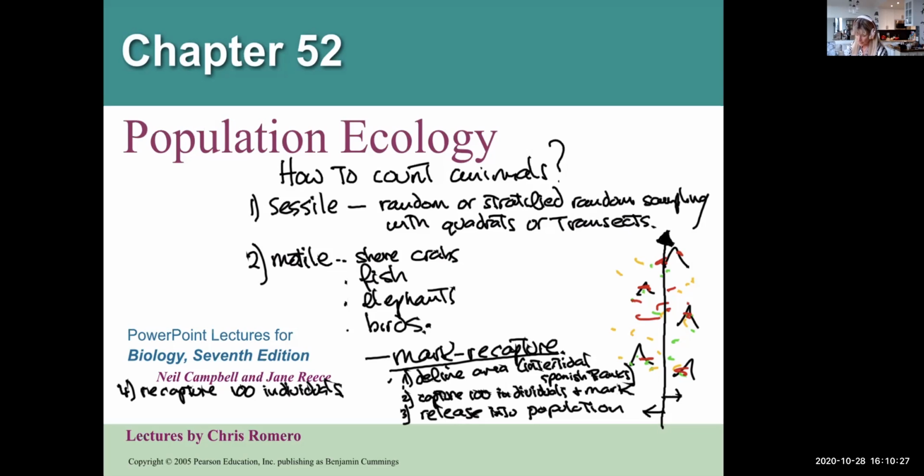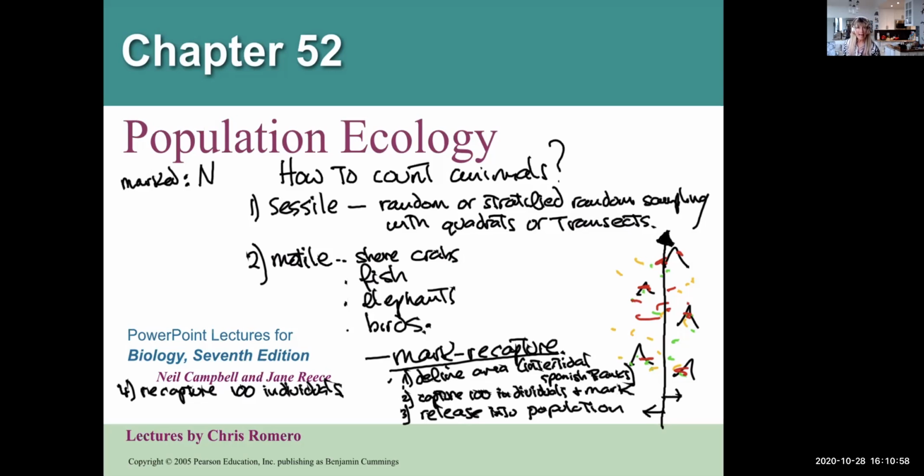And there will be a ratio of marked individuals to the whole population size, and that's what you use to estimate the population size. So there's a ratio of marked individuals to population size, which I'm going to indicate as capital N.